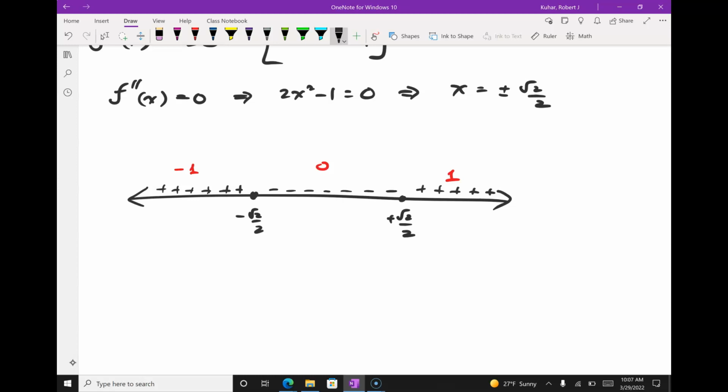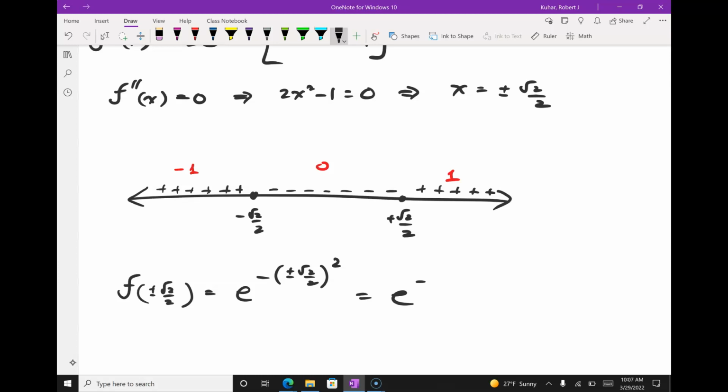Before I write my conclusion, I'd like to know, are these possible inflection points? Well, my second derivative changes signs at each of them, right? But what is f of plus or minus rad 2 over 2? That's e to the minus plus or minus rad 2 over 2 all squared.